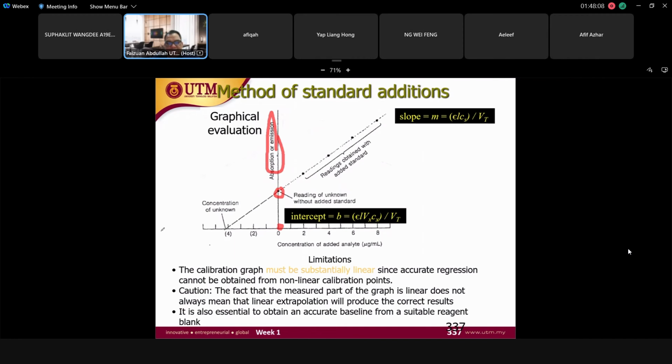For the external calibration, preparing the standard solution using distilled water, it starts from 0. But for the standard addition, we prepare the standard concentration mixed with the sample itself. The absorption does not start from 0. It starts from some value here. Why? Can somebody tell me?